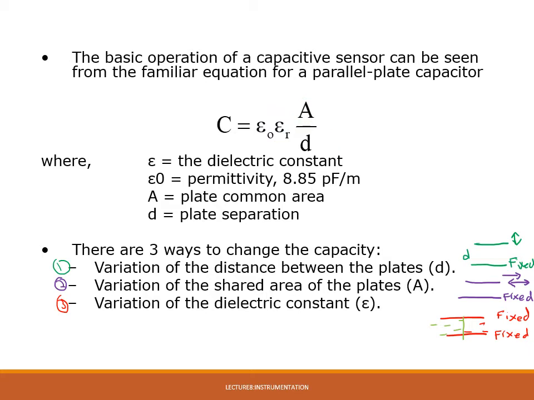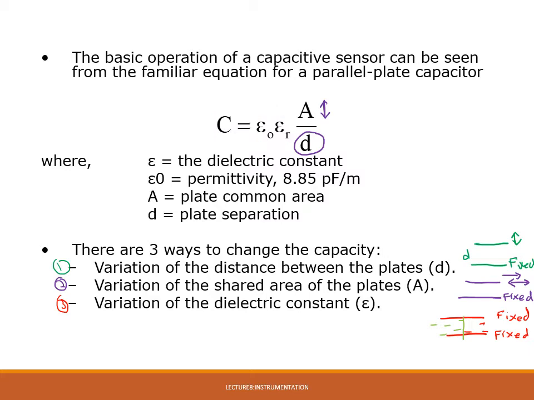Or what we can do is get the changes in capacitance value by fixing the dielectric material and also the distance, but changing the shared area, which is the second way, by varying the shared area of the plate. And the last one is by changing the dielectric constant in between the two plates.